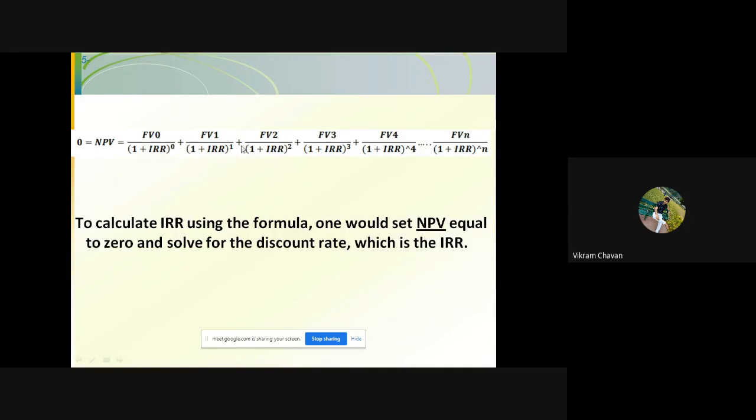Here 0, 1, 2, 3 represent the time period. For the zeroth year we consider the initial investment, and for the first year whatever benefits we get through that investment, then the second year, third year. That is the time period factor.